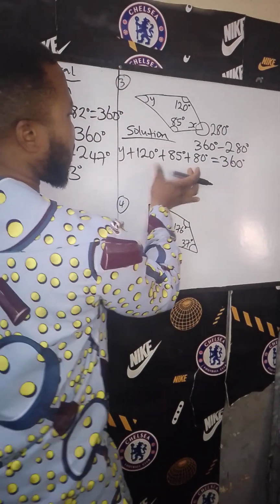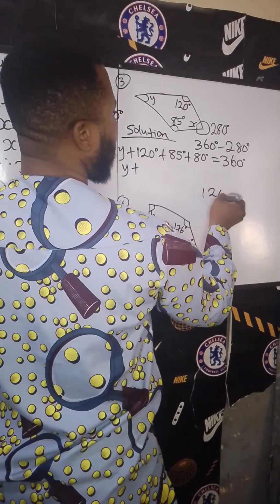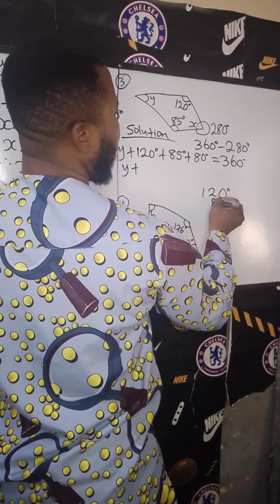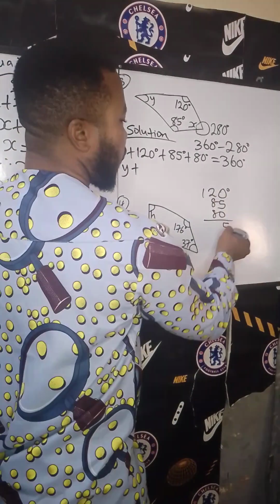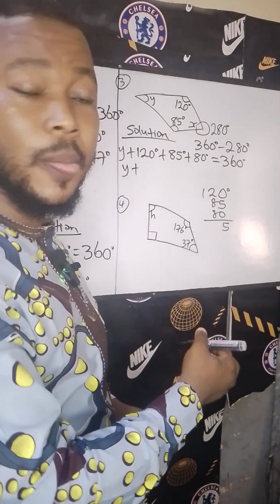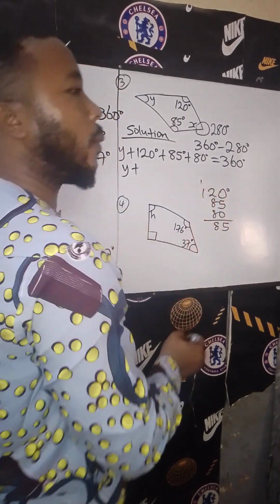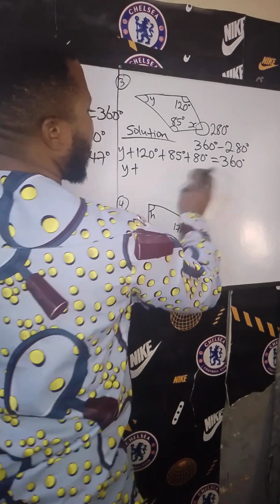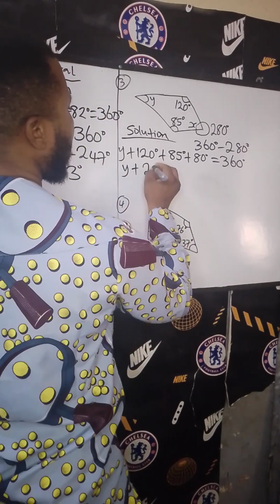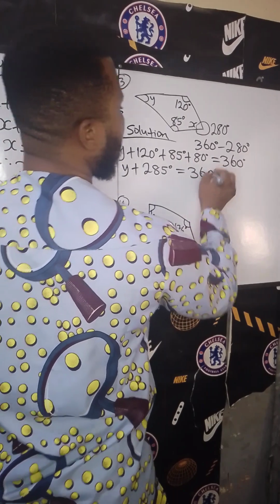Okay, we add up: here we have 120 degrees, 85 degrees, and 80 degrees. Of course, 0 plus 5 is giving us 5, and 2 plus 8 is 10. 10 plus 8 is 18. We put 1 here. 1 plus 1 is 2. So we are having 285 degrees is equal to 360 degrees.